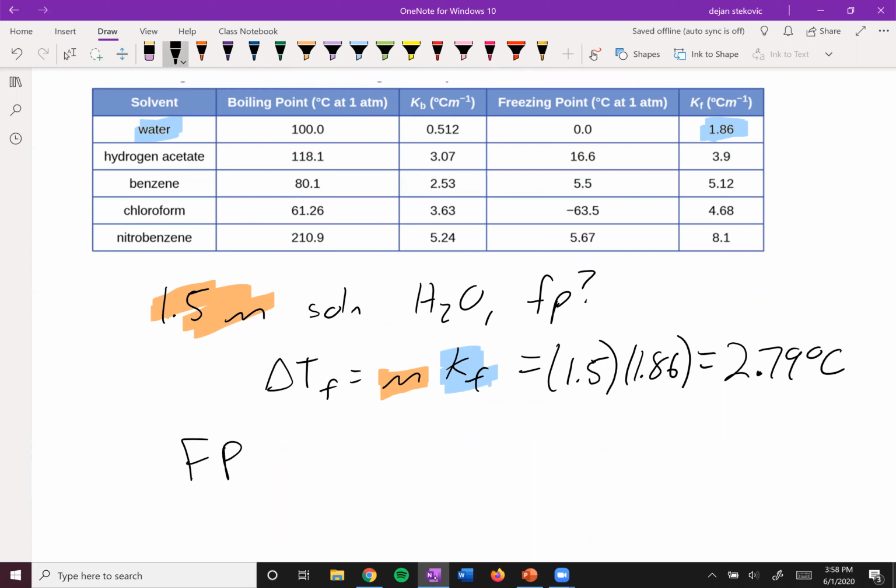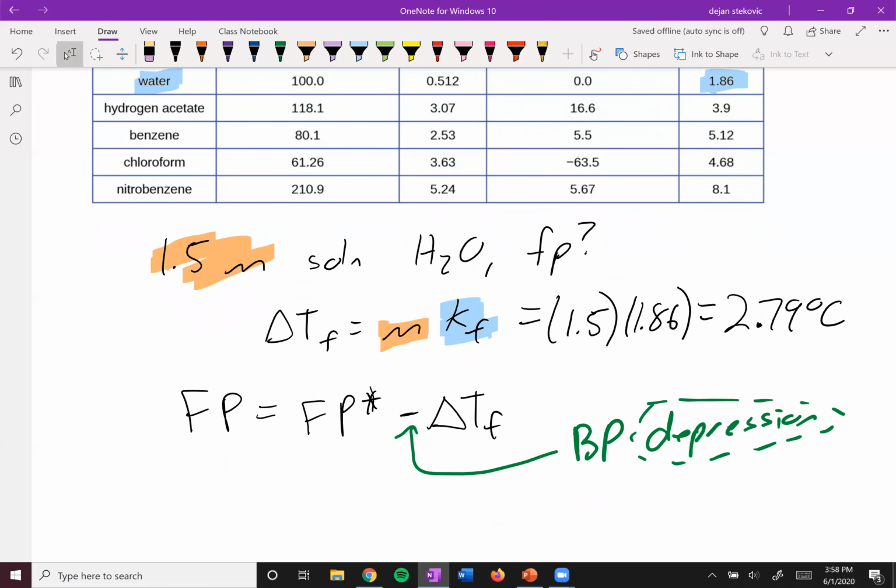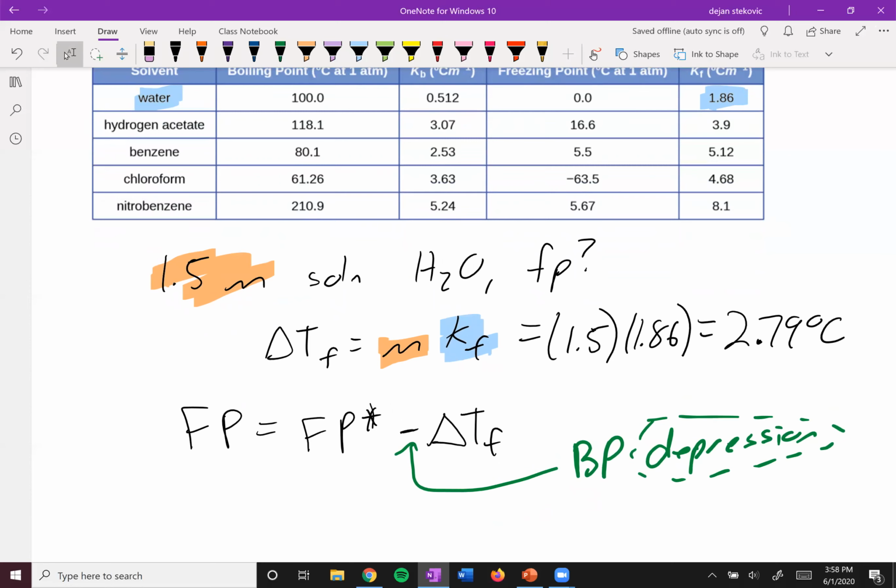So if we wanted to find the actual freezing point, we would take the freezing point of the pure stuff, and now we're going to subtract the delta TF. And again, the reason we subtract is because it's called freezing point depression. It will lower the freezing point. So you just kind of have to know that. We have to subtract because we need to get a lower number at the end.